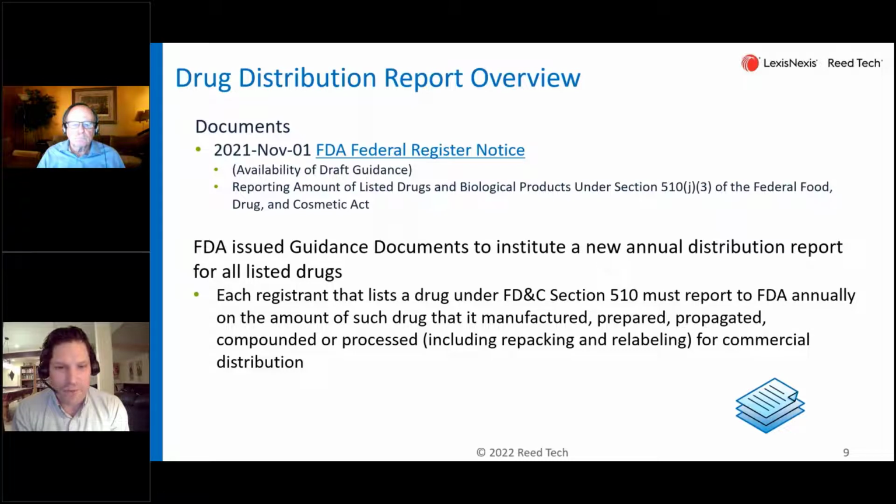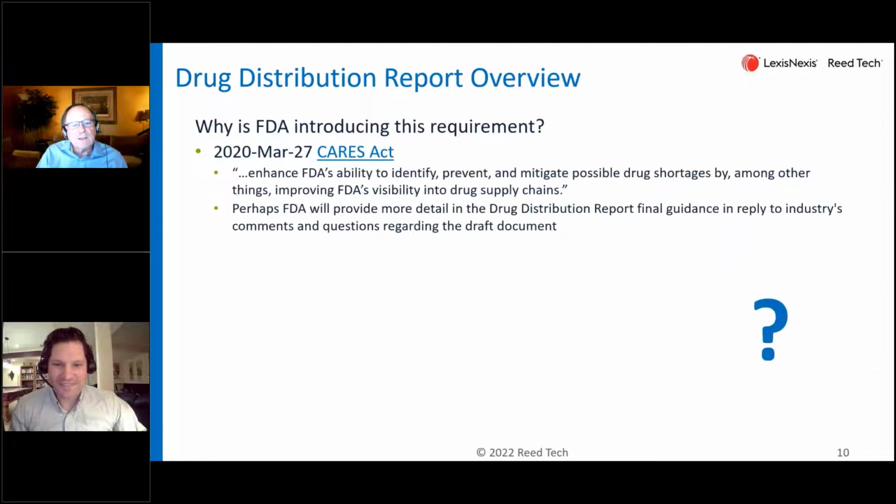A lot of what we'll review in the next couple of slides is helping you understand what that exactly means, so stay tuned as we move through here. Yeah, it can be pretty broad, and there are a lot of questions about contract manufacturers and private label distributors and other things. So we'll certainly make sure we touch on that.